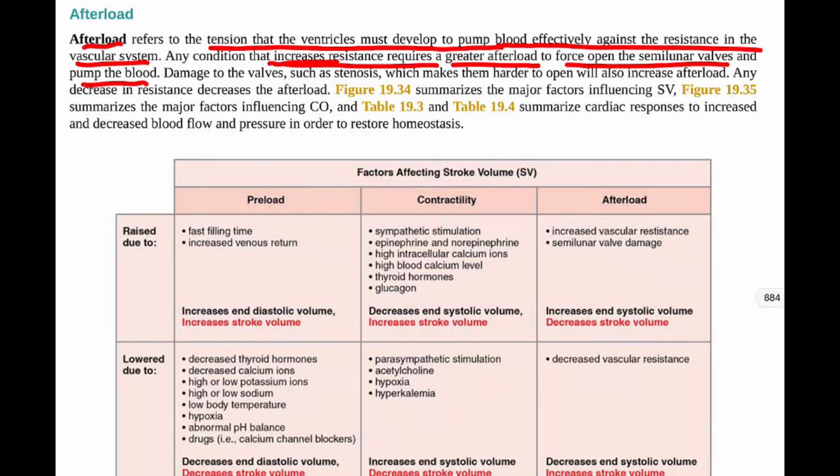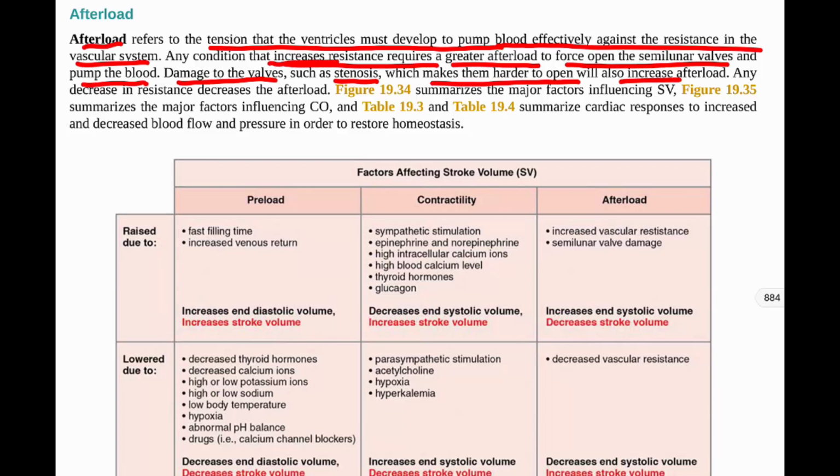For example, damage to the valves, such as stenosis. Stenosis is a decrease in size of the vessels. If you have atherosclerosis, the diameter of our vessels will be decreased. That makes the valves harder to open and will also increase afterload.